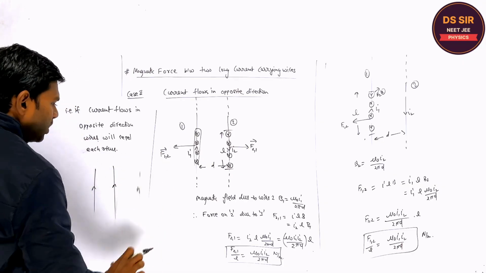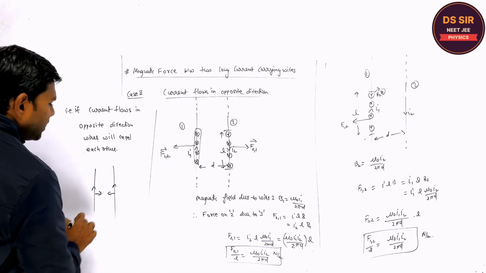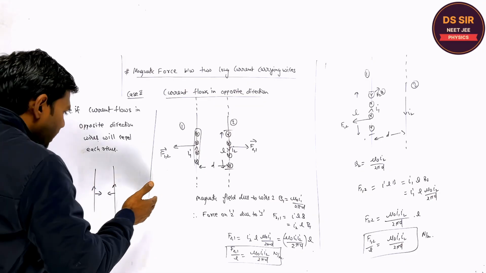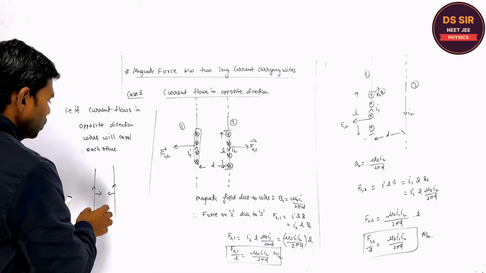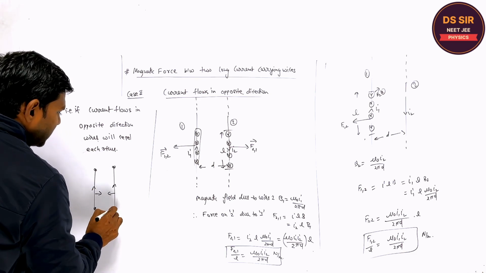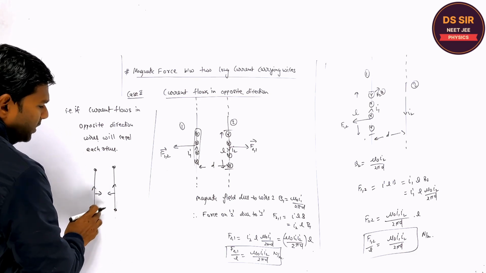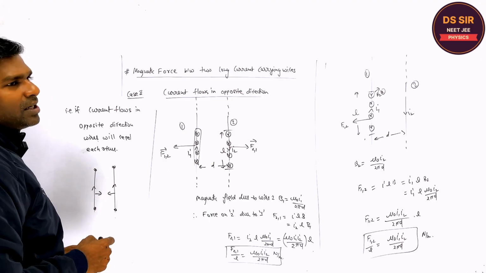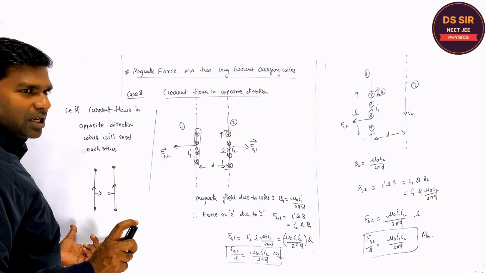So if you consider the two wires, they will attract each other. So the attractive force acts, right? That is why they are hinged or tied by some supports over there, so that they don't touch each other. Is it clear or not?